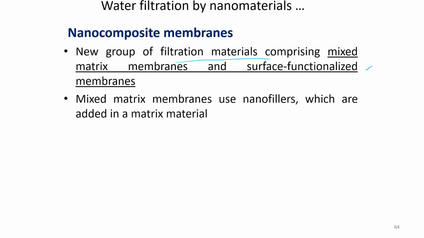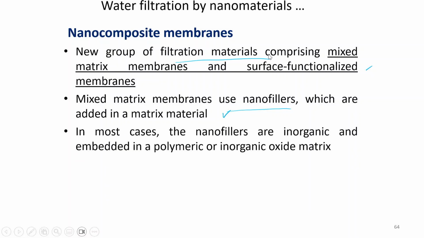Mixed matrix membranes use nanofillers which are added in a matrix material, and in most cases the nanofillers are inorganic and embedded in a polymeric or inorganic oxide matrix. So, these are the different types of nanocomposites.